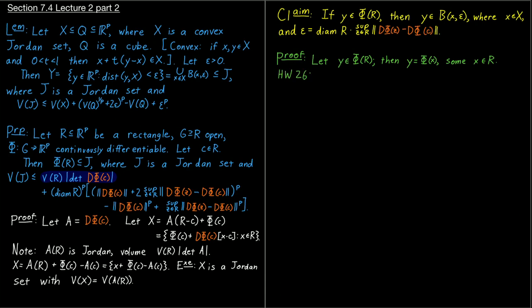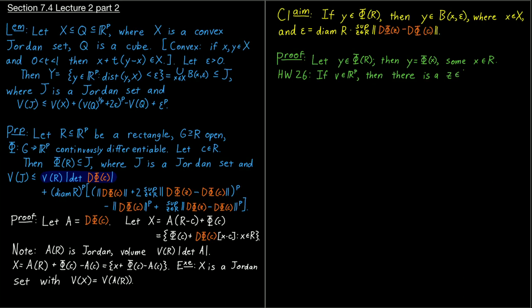We saw in homework 26, among other things, if v is in R^p, then there is a z on the line connecting x and c. R is a rectangle, so R is convex, and that whole line is in the rectangle.